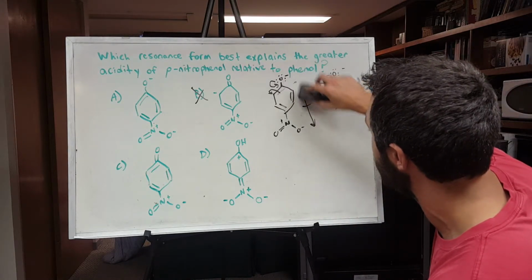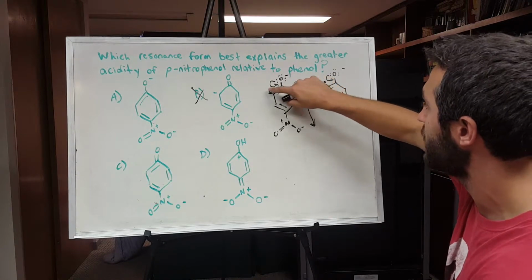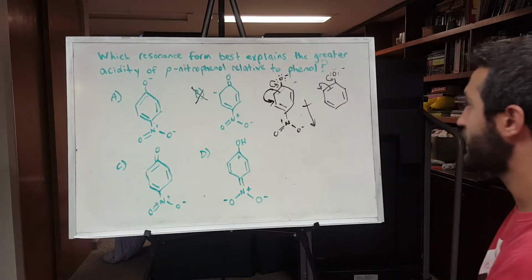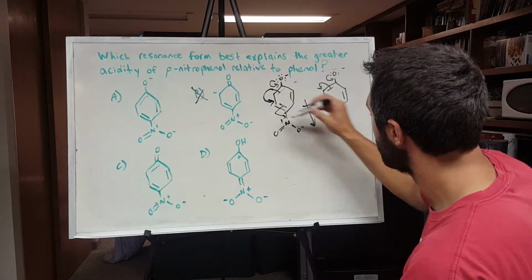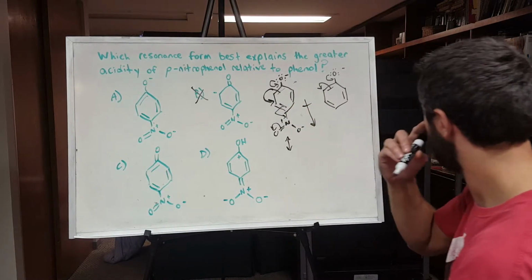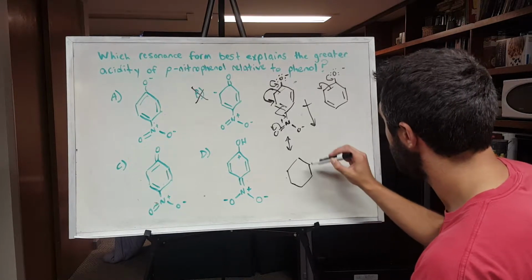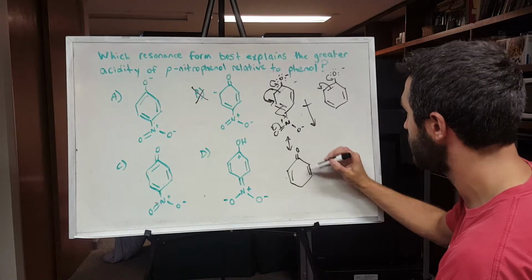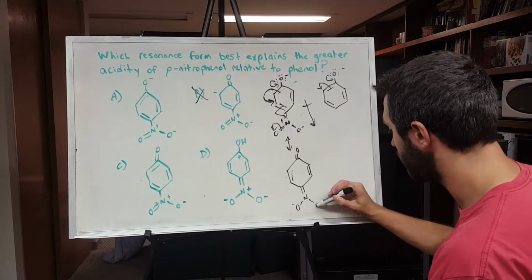So we can show that with resonance. If we bring this down here, we can go to here through resonance, then to here through resonance, and then to here, and let's see what we get. We went double bond, double bond, double bond, double bond here, O minus, O minus.